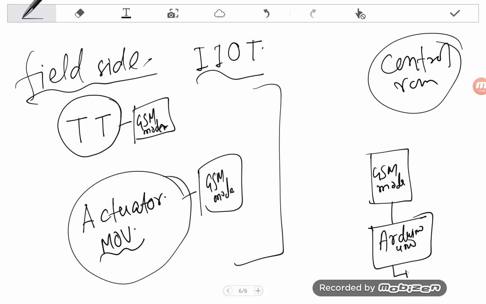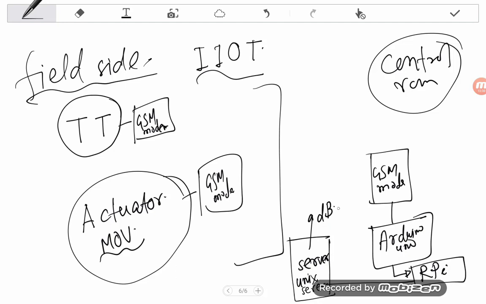And this is connected to a microcomputer. Let us consider this as a Raspberry Pi, which is further connected to a server, maybe a Unix server, where there is a database, and I can consider this database as a MySQL database, and some web server, Apache web server.